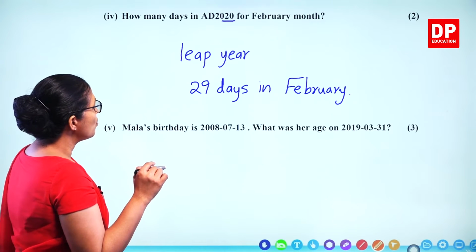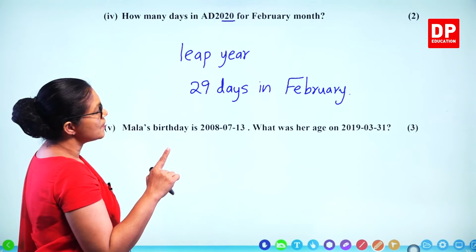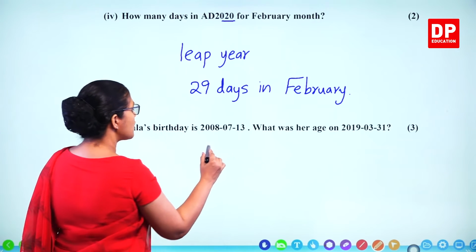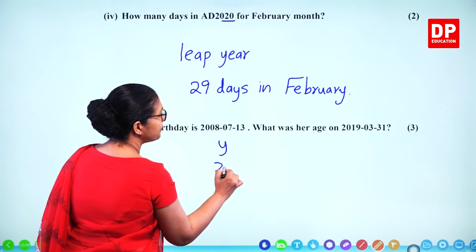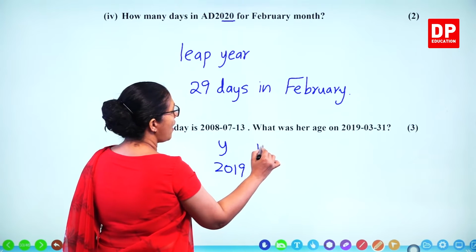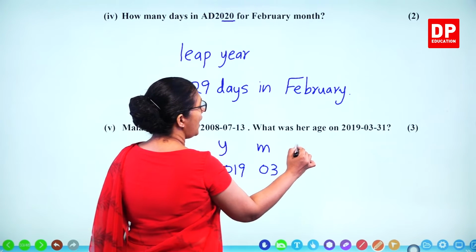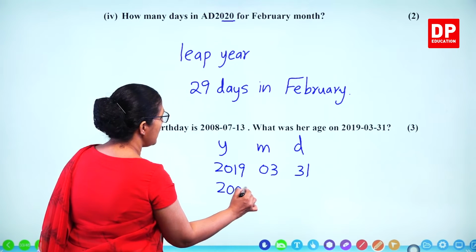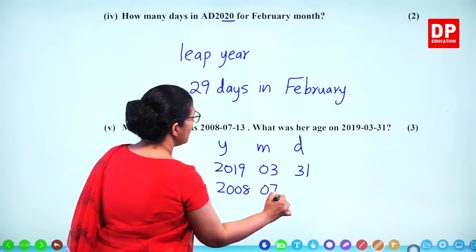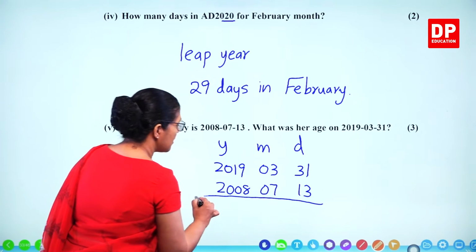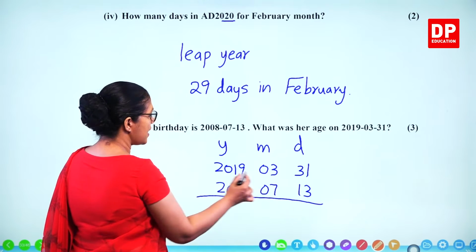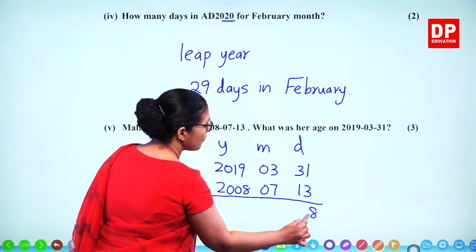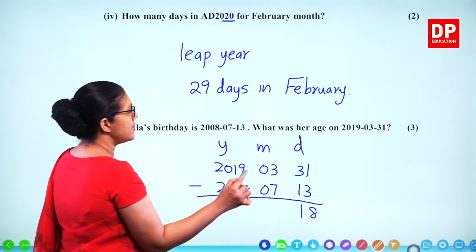Mala's birthday is 2008/7/13. What was her age on 2019/3/31? So we have to subtract year, month and day. This one minus 2008/7/13. We can start from the right hand side. We can subtract this one. 18 days are remaining.